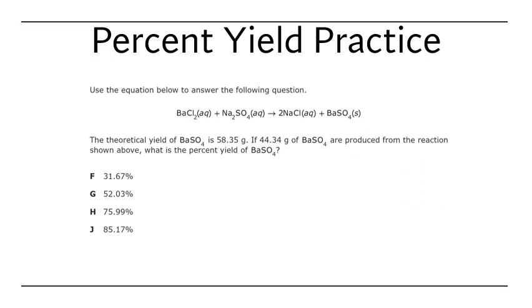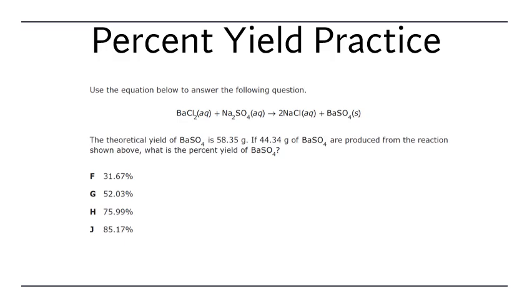Now here we have a balanced chemical equation and it is asking: the theoretical yield of barium sulfate is 58.35 grams. If 44.34 grams of barium sulfate are produced from the reaction shown above, what is the percentage yield of barium sulfate?